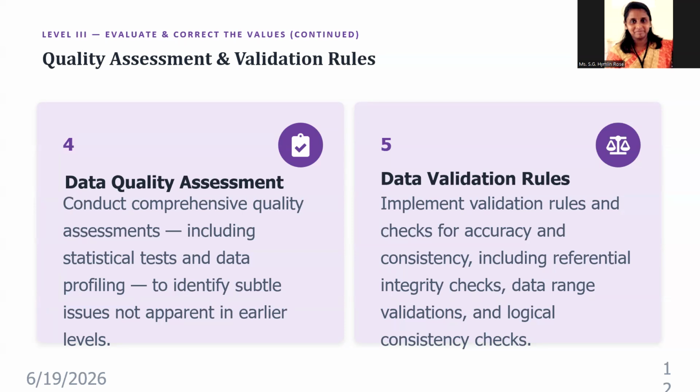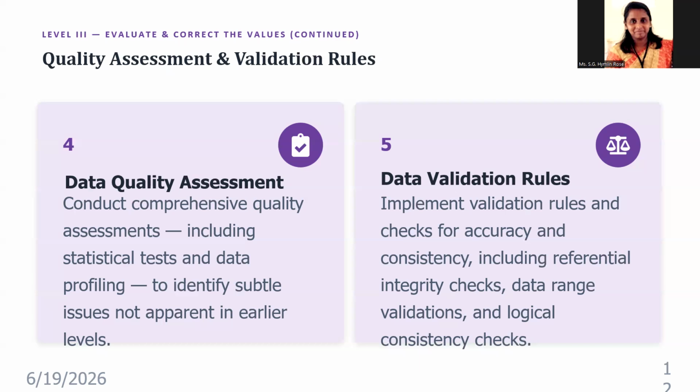Next is data validation rules. Implementing validation rules and checks ensures data accuracy and consistency going forward. These rules may include referential integrity checks, data range validations, and logical consistency checks. Referential integrity checks ensure that references between tables, for example a foreign key, point to valid existing records.